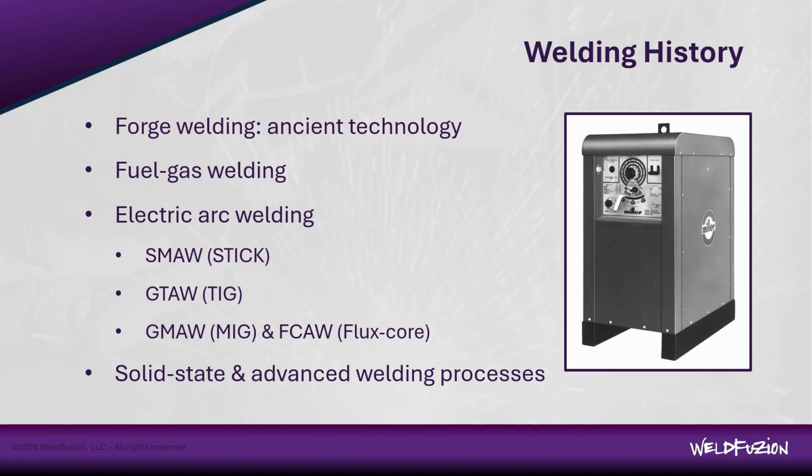In the 1930s and 1940s, innovation gave way to MIG and TIG welding, or gas metal arc and gas tungsten arc welding. Both were developed initially to improve weld quality and productivity on aluminum. And then FluxCore came along and bridged the gap between stick's outdoor welding capabilities and MIG's manufacturing speeds.